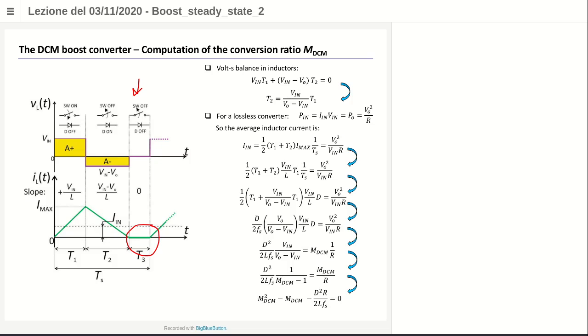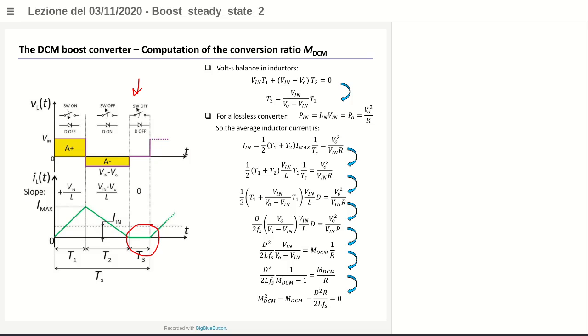The problem is that when you want to use closed loop, and this happens anytime you use the converter, to stabilize the output voltage versus input variation, output variation, temperature variation, etc., you have to look at the transfer function that you can have, for example, from the duty cycle, so from the control variable to the quantity you want to control, the output voltage.